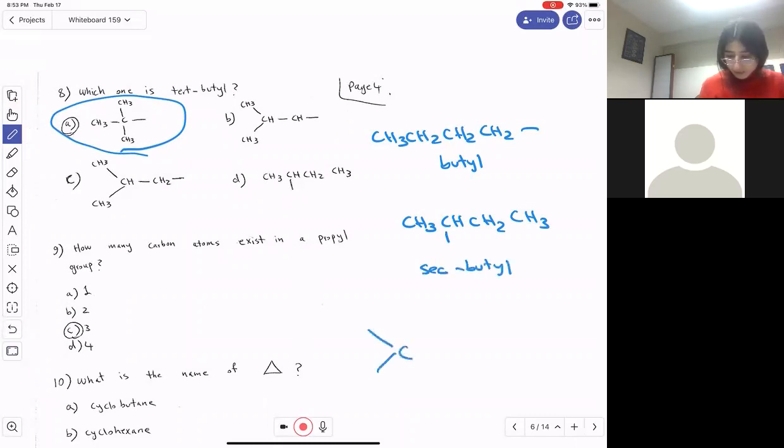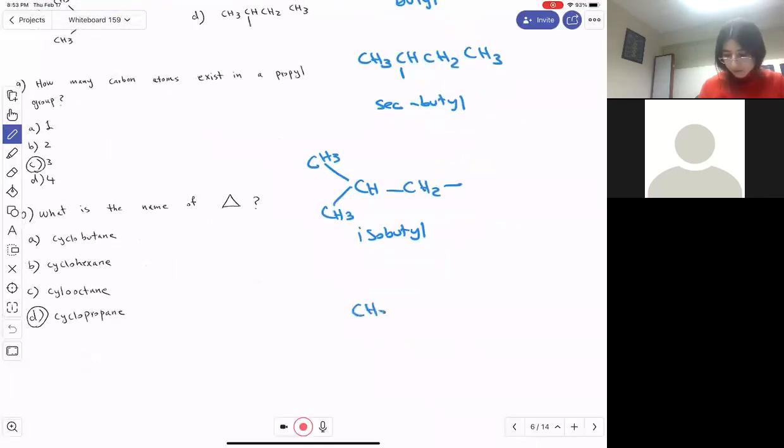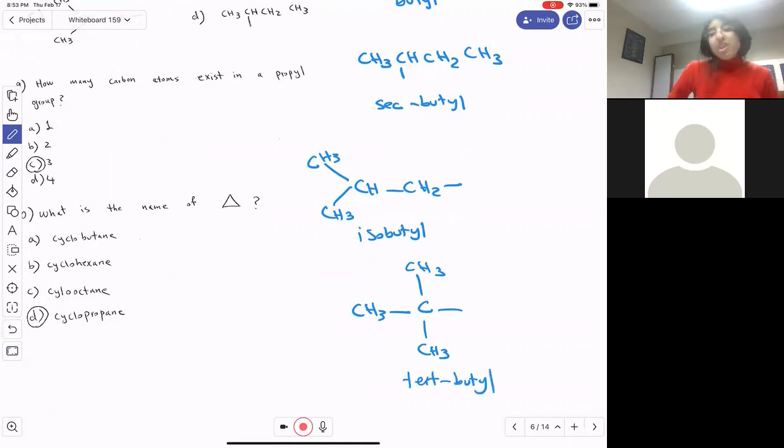This is isobutyl. And this is tert-butyl. I'm going to ask you what type of isomers these are.